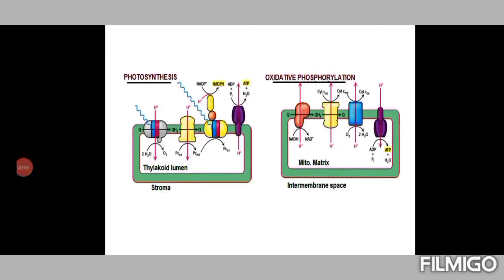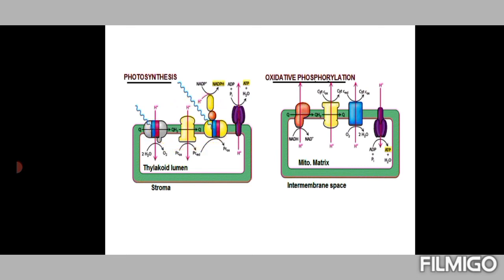And we can compare the process of synthesis of ATP that takes place during photosynthesis with that of oxidative phosphorylation. Photosynthesis involves chloroplast, whereas oxidative phosphorylation takes place in mitochondria. The protein cluster assemblies are similar but structurally different also. The assemblies are arranged on the inner membrane in mitochondria, whereas they are arranged on the thylakoid membrane in chloroplasts.